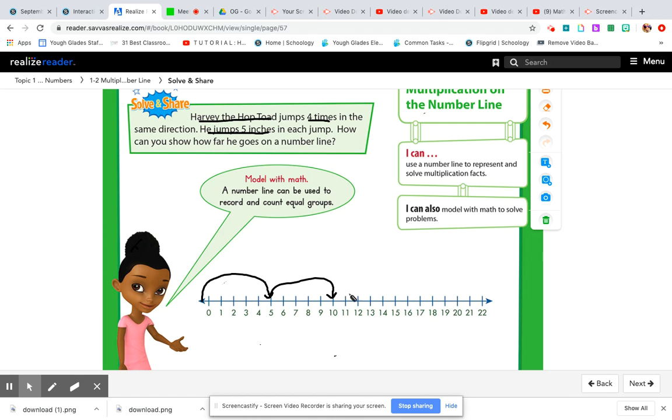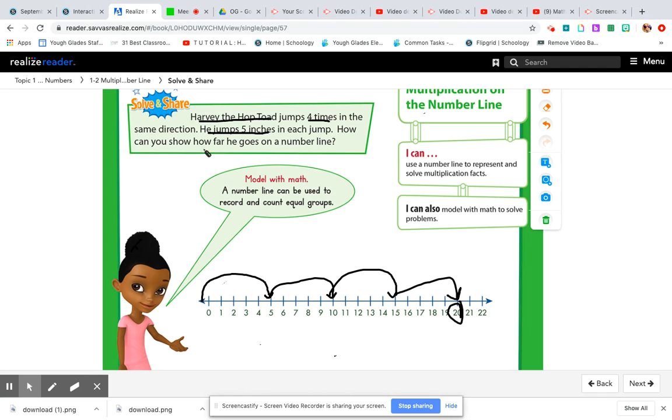That would put me on 15. Let's do it again. 1, 2, 3, 4, 5. That would put me on 20. Hey, that makes sense. 5, 10, 15, 20. 20 is my answer.